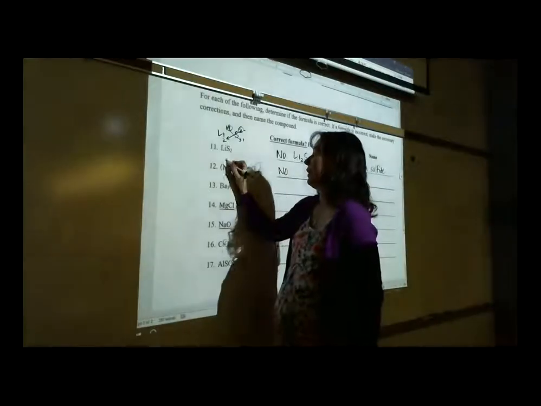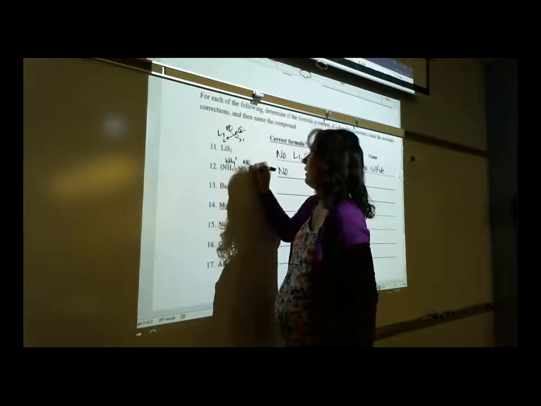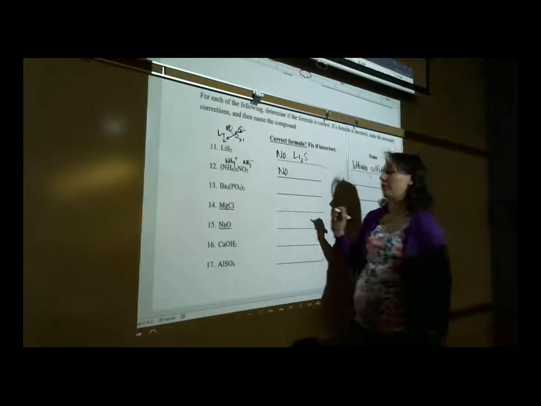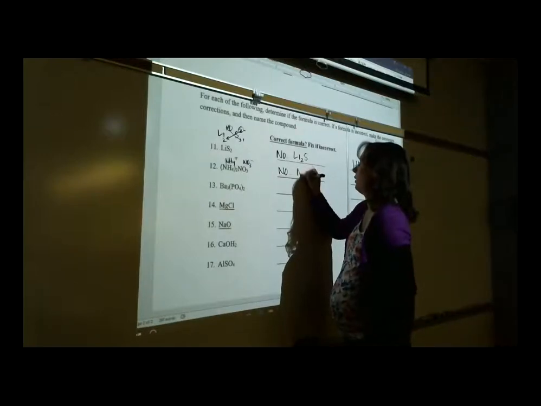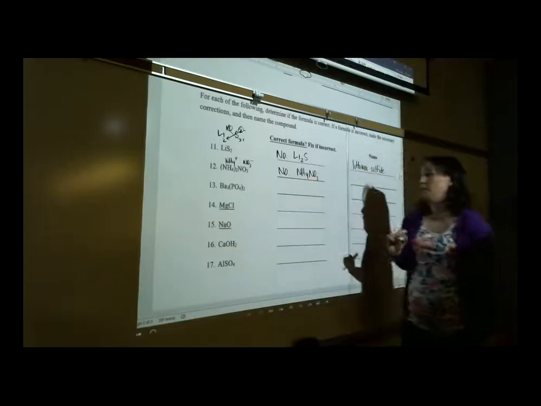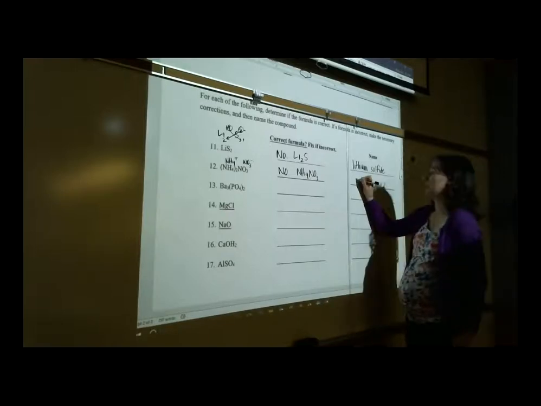Because NH4 plus and NO3 minus were the cation and the anion. So it's just NH4NO3. What's the name of that? Ammonium nitrate, good.